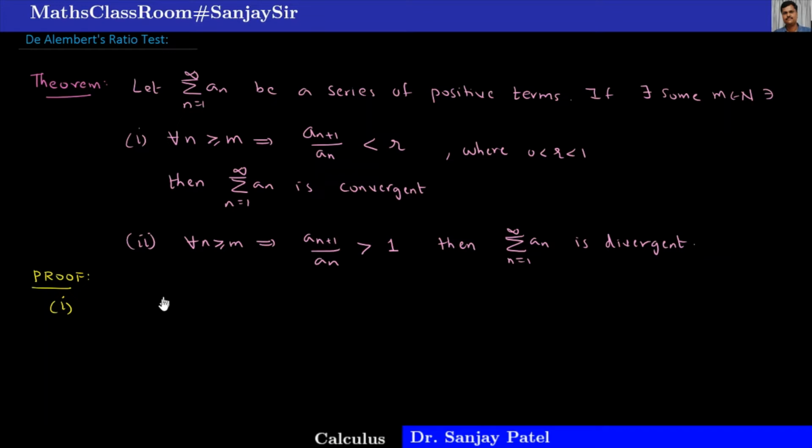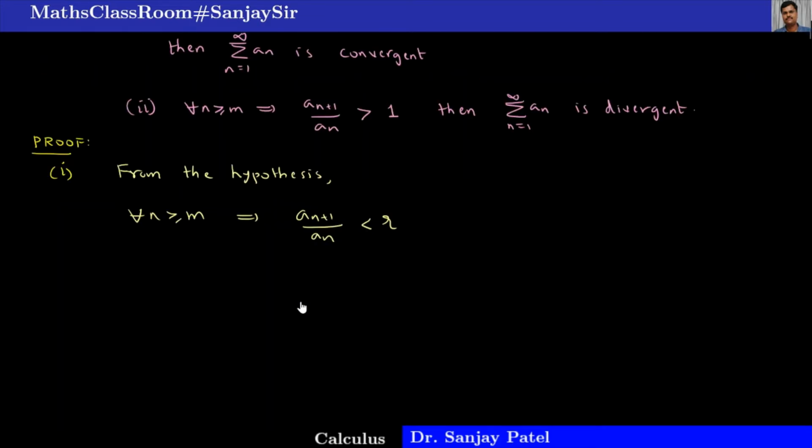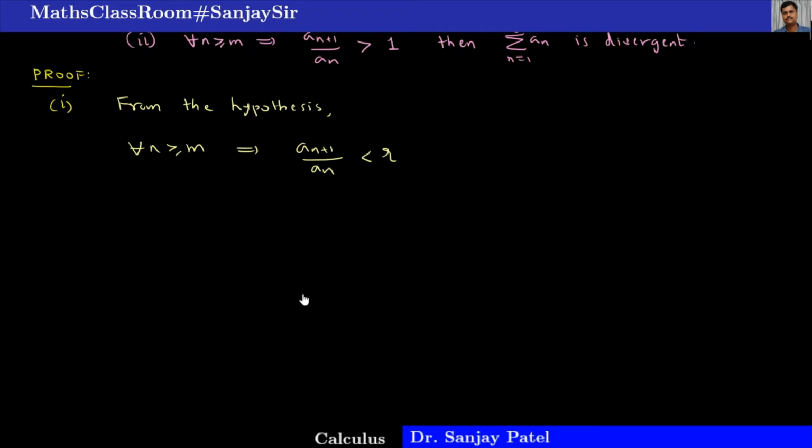I start from the hypothesis. From the hypothesis, we have for every n greater than or equal to m, a_(n+1) upon a_n is less than r.